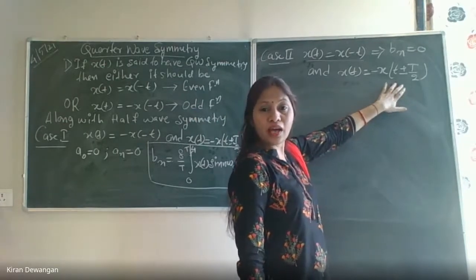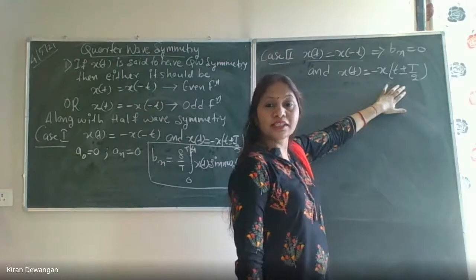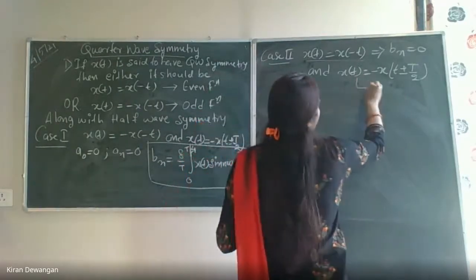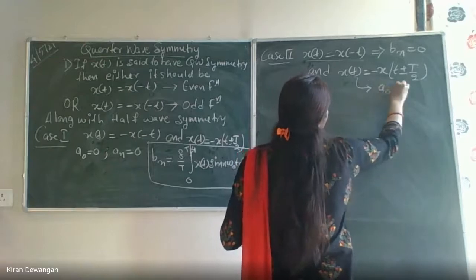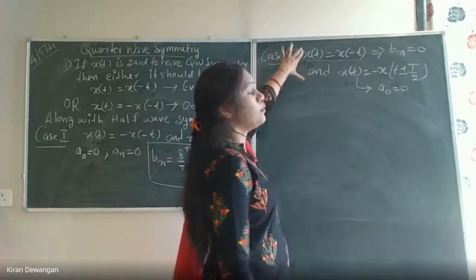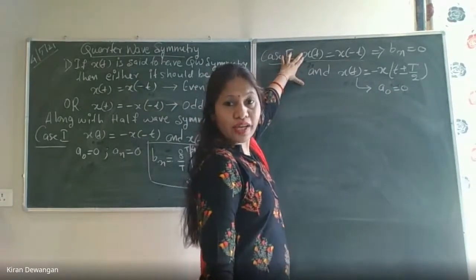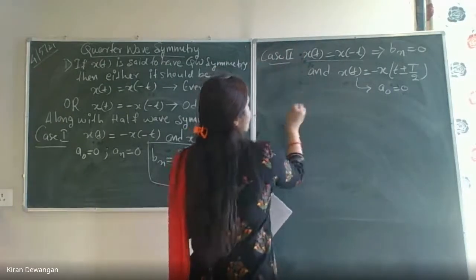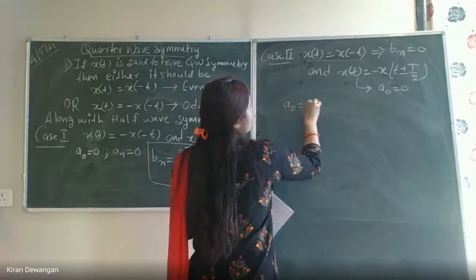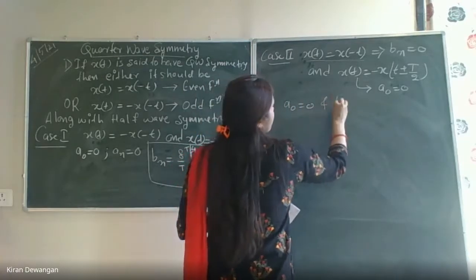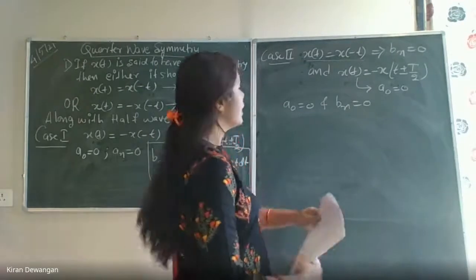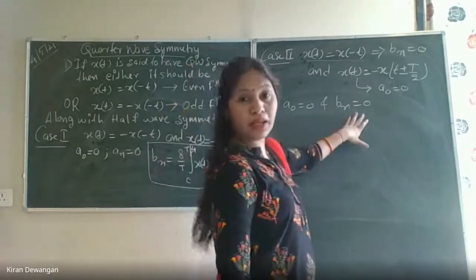It is just a naught. ठीक है, so in this case we can say that a naught is 0. Now since we are taking both together, दोनों को एक साथ ले रहे हैं, तो we directly declare कि case 2 में a naught will be 0 and bn will also be 0.